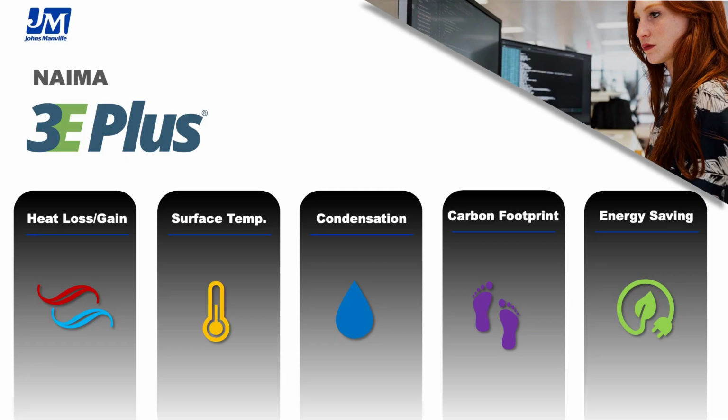There are tools out there that we can use to help if we're tasked or asked to answer these sorts of questions. 3E Plus is a great tool. It is free. It is a piece of software. It is web-based now. I don't think you even have to download it anymore. It's put out by NAIMA, which is the fiberglass and mineral wool industry group. It can do things like heat loss and heat gain, surface temperature for worker safety, condensation, but it can also look at things like energy savings, and it can also look at carbon savings.